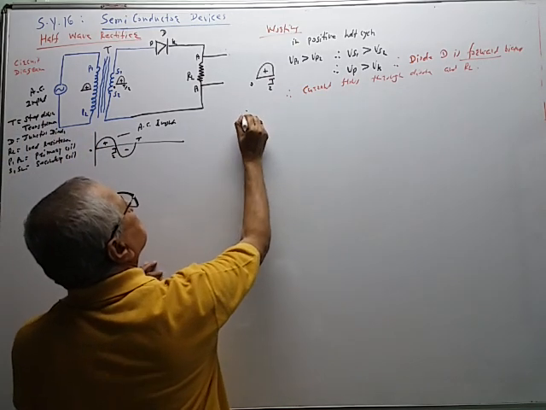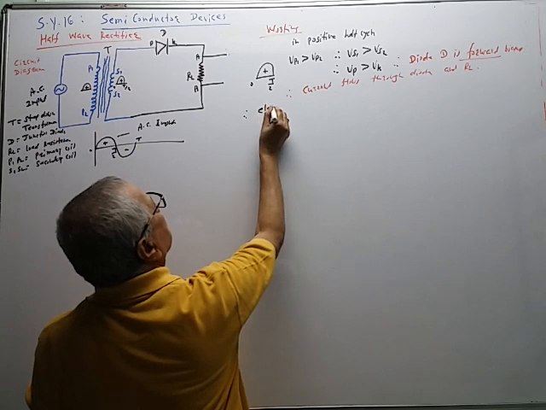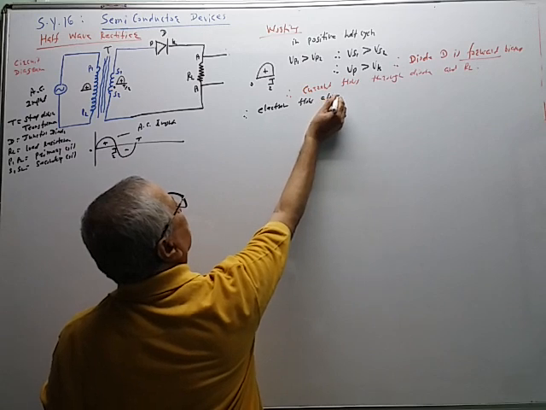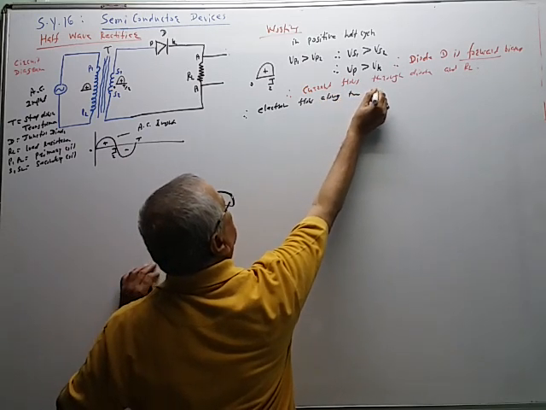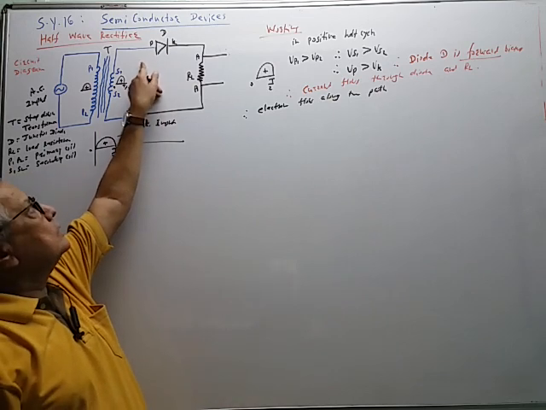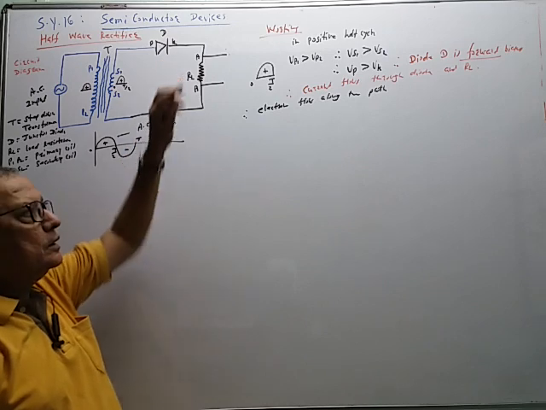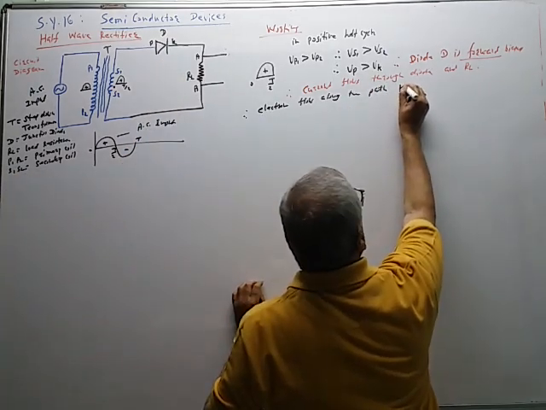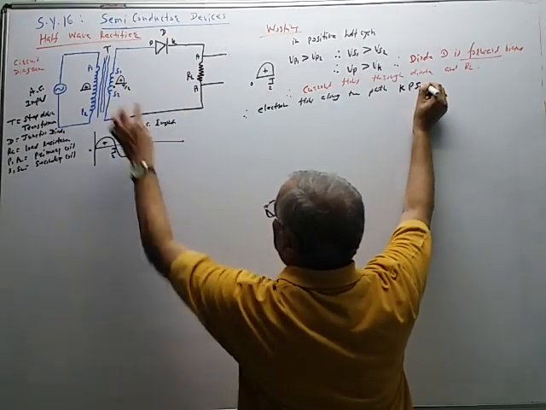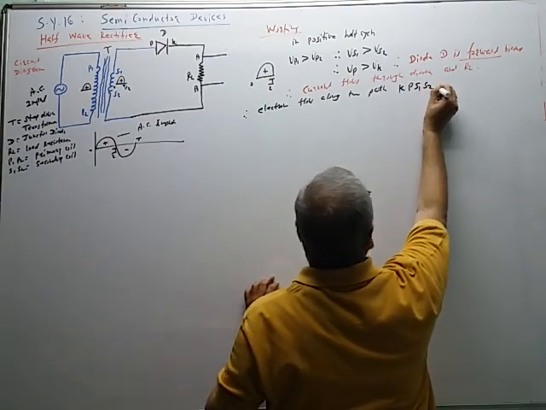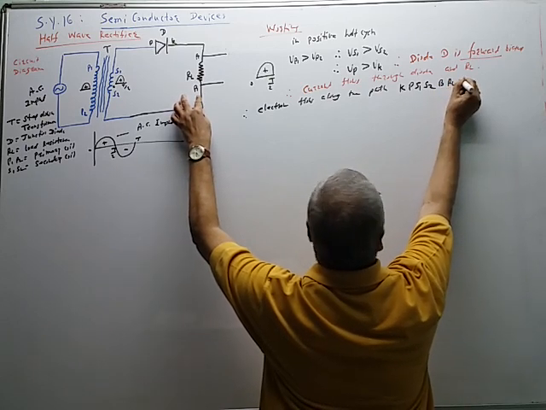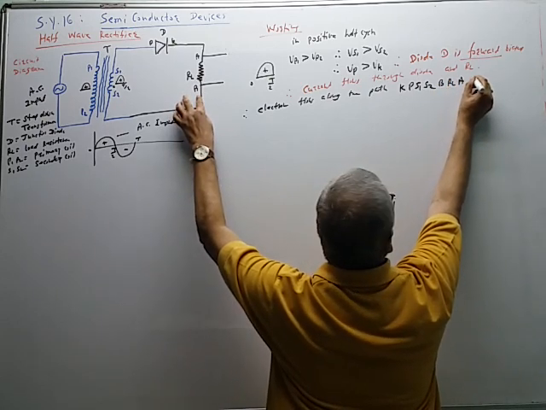So electrons flow along the path. Electrons are always supplied from the N region. Current goes from anode to cathode, so electrons will be in the opposite direction. So electrons flow along the path cathode to anode, then from anode through this conducting wire to S1, then through the copper coil the electrons will flow through S2, then from S2 they will flow to the point B, then they will flow through the RL, they will flow to the point A, and then again cathode.